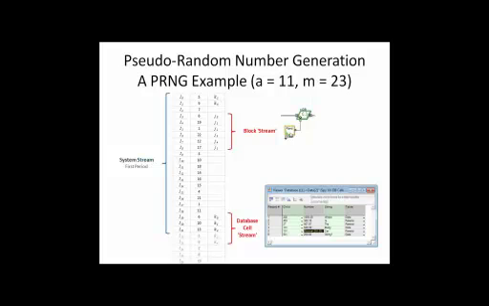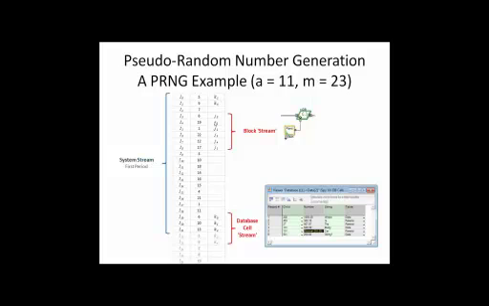It's going to have its own block stream, and that block stream is going to be defined by the seed that's established inside this random number block, and we'll talk more about that in coming slides.